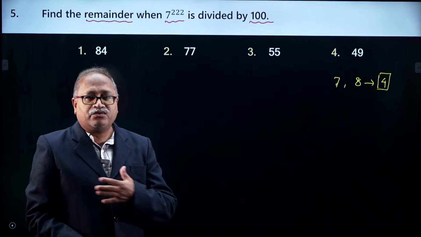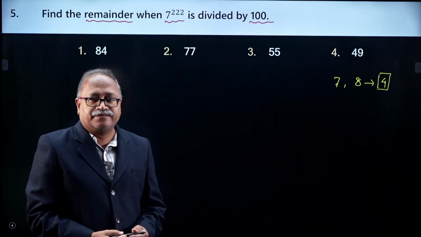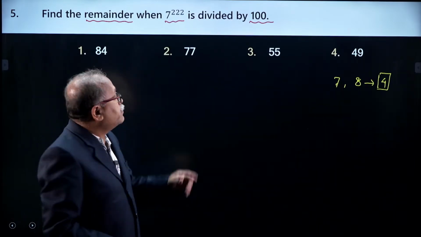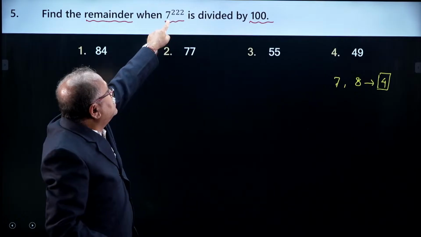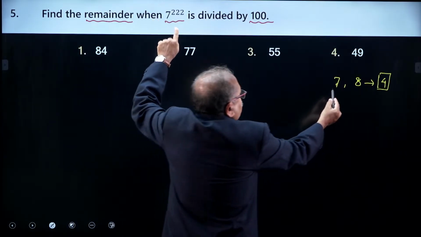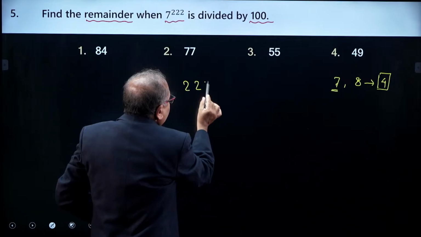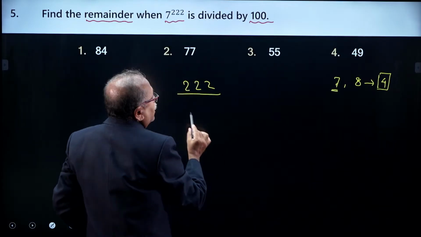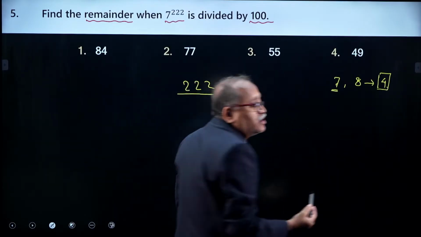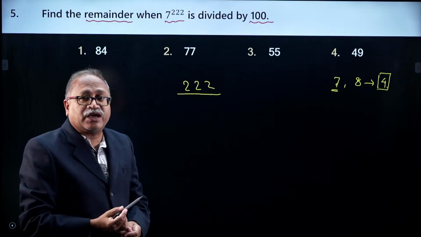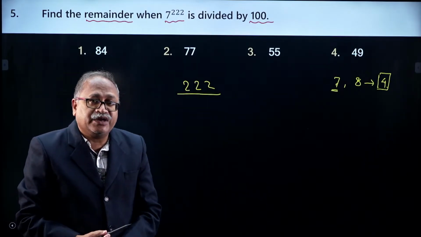We know that part from learning the number system. So what is the method here? For 7, the power 222 should be divided by 4, because after every 4 times the remainder repeats.